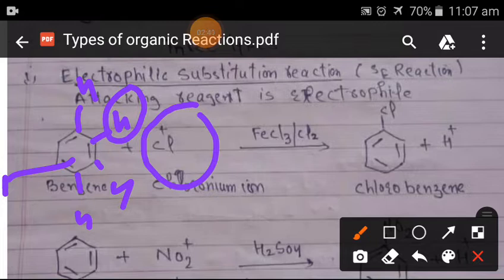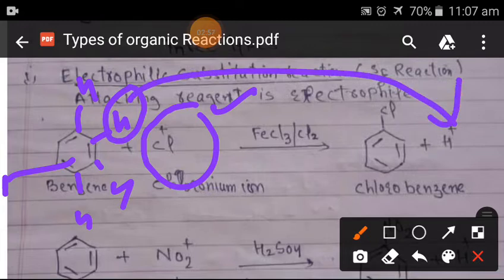The hydrogen atom is substituted by the chlorinium ion. The chlorinium ion is the electrophile, so it attacks this electron rich center. This results in the formation of chlorobenzene, and the hydrogen gets released in the form of an H positive ion. Clear?